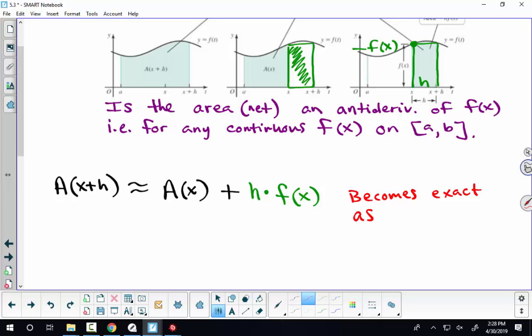Right, good. As h approaches 0, this x plus h simply becomes x. If we let h get closer and closer to 0, the ending boundary of that rectangle gets closer and closer over here until it's just that right there.